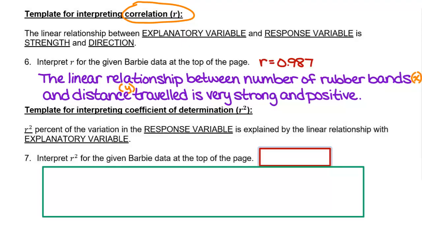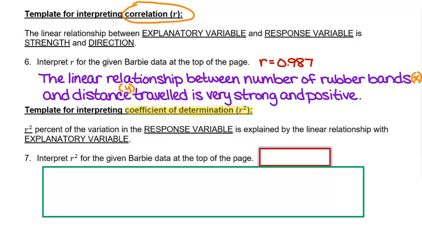All right, interpreting R squared. This is called the coefficient of determination. The way we interpret that one in context is R squared written as a percent.